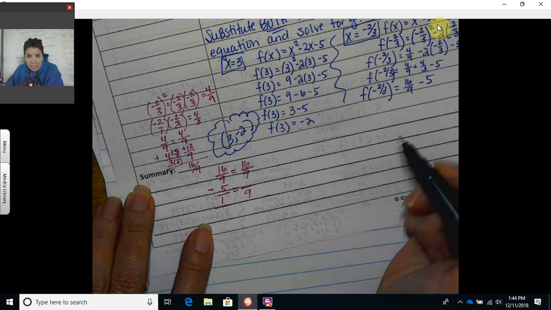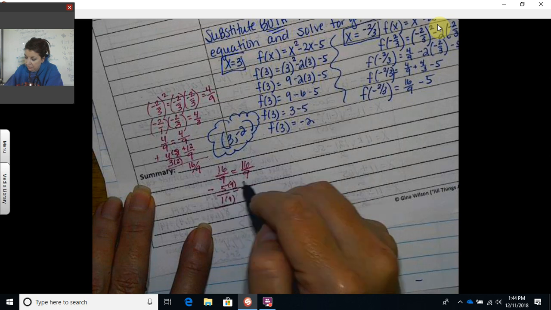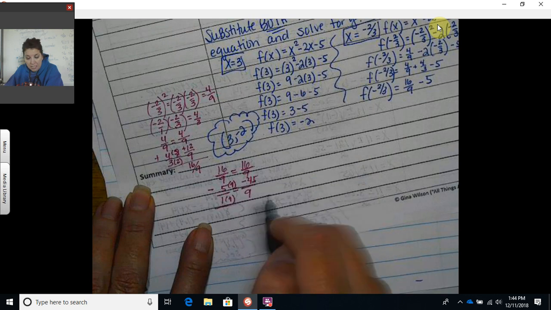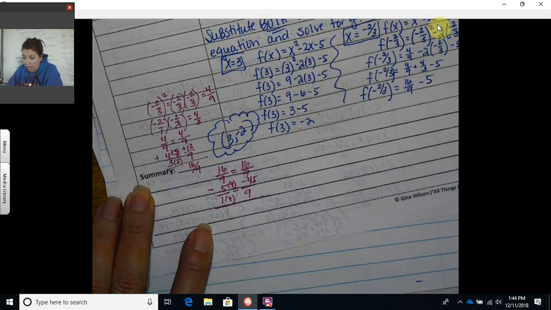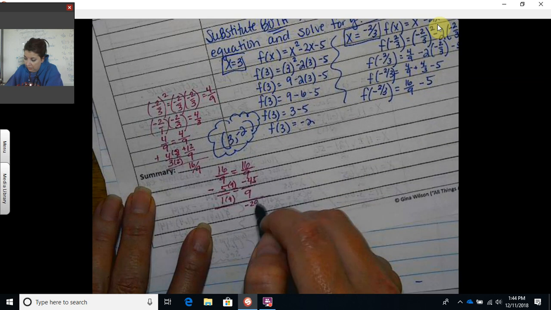And the bottom fraction, to make equivalent, 1 times what is 9? Well, 1 times 9 is 9. So I'd have to multiply the top, the numerator, by the same thing to make them equivalent. So negative 5 times 9 is negative 45. So now I can subtract them because they have common denominators. So 16 minus 45 is negative 29. The denominator remains 9.